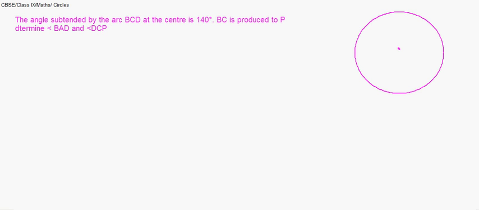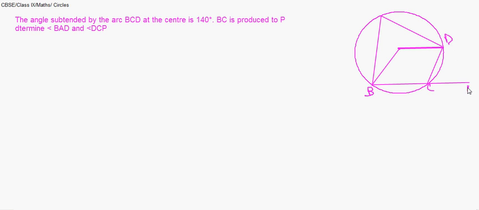I'll draw the figure. Look at this figure. This is given to be your BCD.